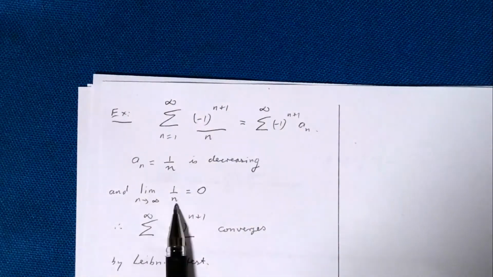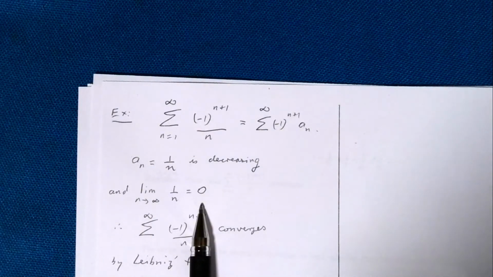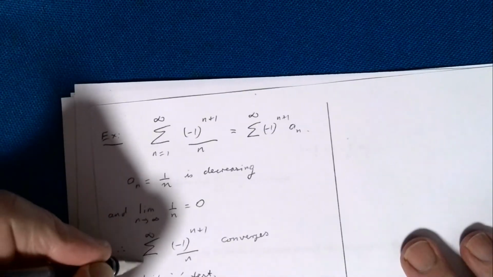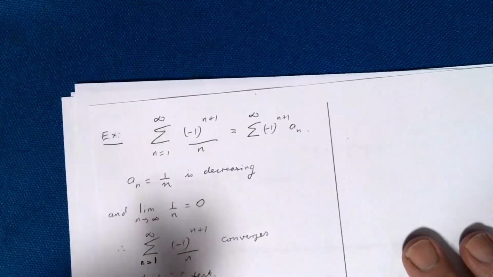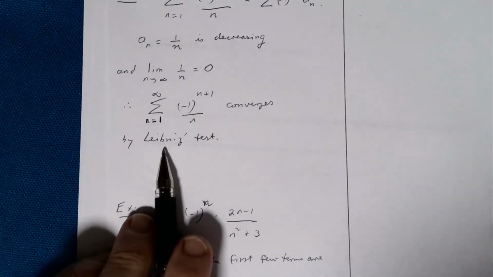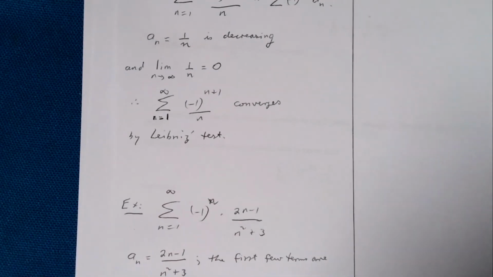The limit of this is easy, that one is just 0, and that's it. We've checked the two conditions. So by Leibniz's test, this alternating harmonic series, better put in the n equals 1 there, converges by Leibniz's test.